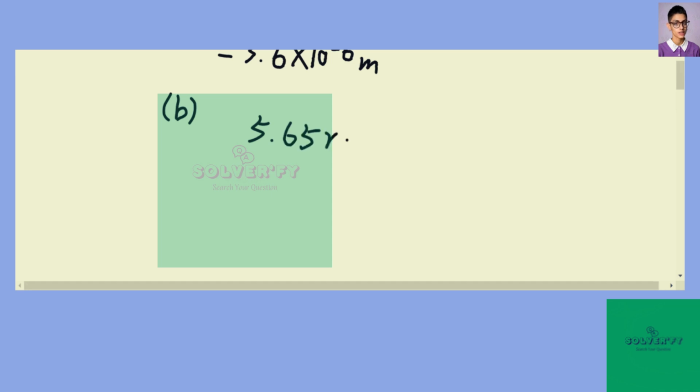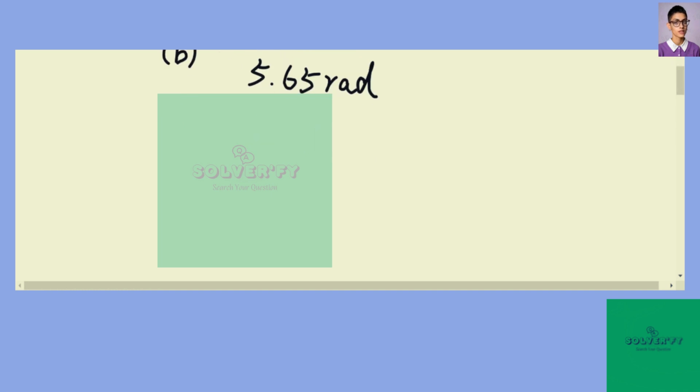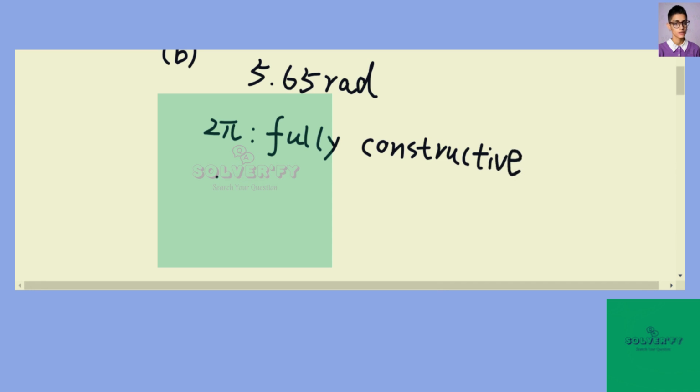If the wave is fully constructive, the phase should be 2 pi. And if it is fully destructive, it should be pi.